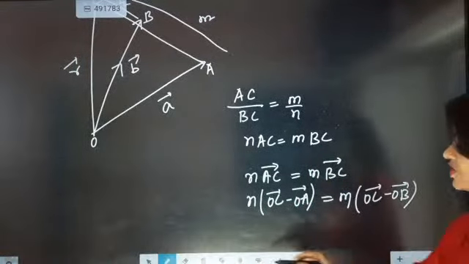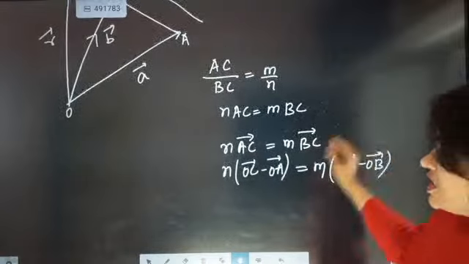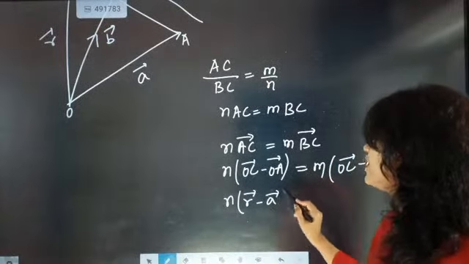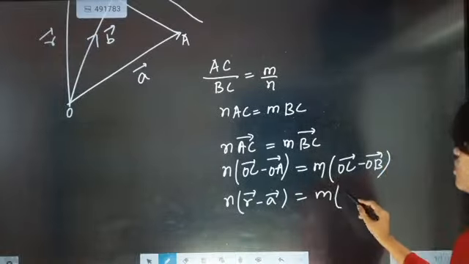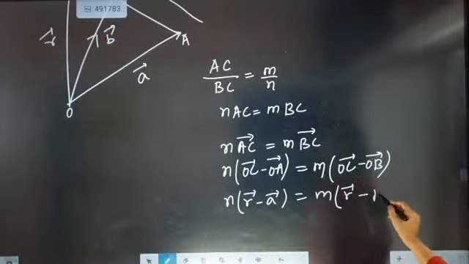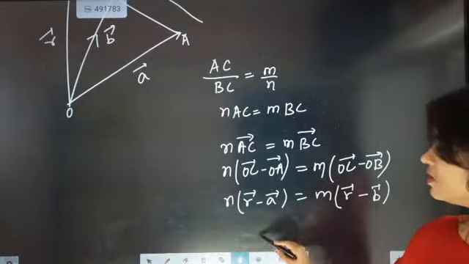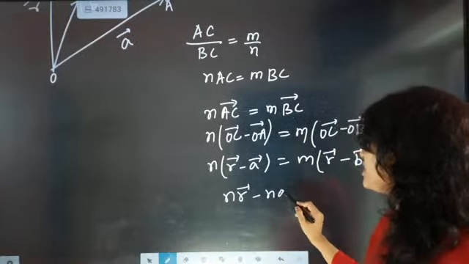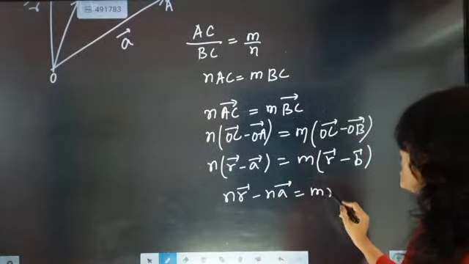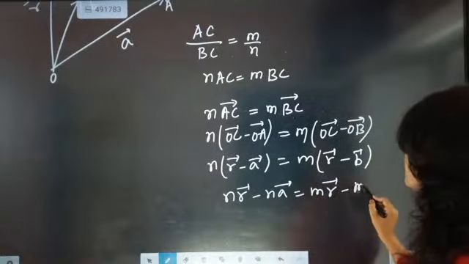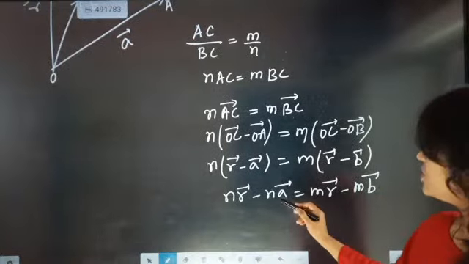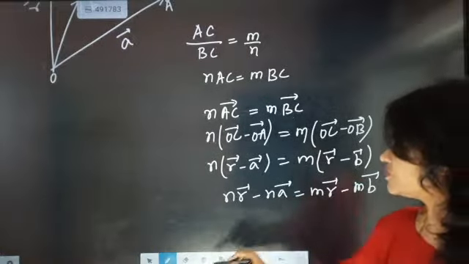Now just substitute what is there for what. OA is A vector, OC is R vector, OB is B vector. Now open it: N·R vector minus N·A vector equal to M·R vector minus M·B vector. Okay. Now we will shift this one to that side and this one to this side.